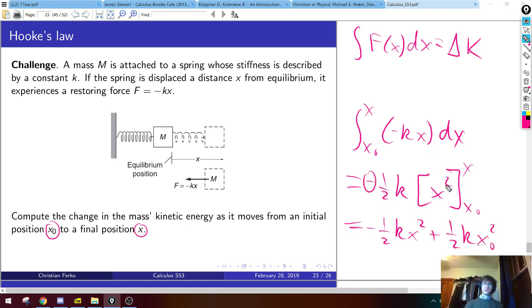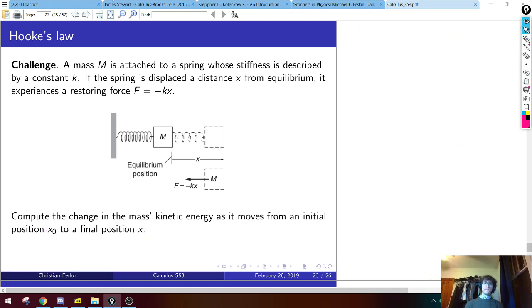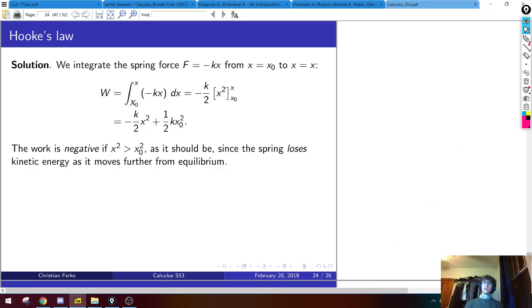There's an overall minus, so I'm going to move that in, because in here it's x squared minus x0 squared, but when I move in the minus sign, the first term is negative and the second is positive, because two minuses make a plus. So indeed, it's minus 1/2 kx squared plus 1/2 kx0 squared. That's the work done in moving the spring from x0 to x.